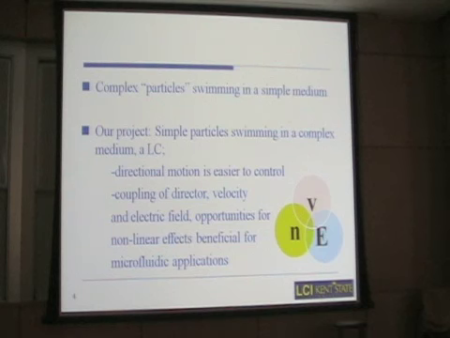So that allows us in some cases to direct the motion of the particles, and also it adds new levels of complexity, because in our case, in addition to the velocity field, we also have the director field that shows the orientation of the molecules, and we also have the electric field that can realign the director field.